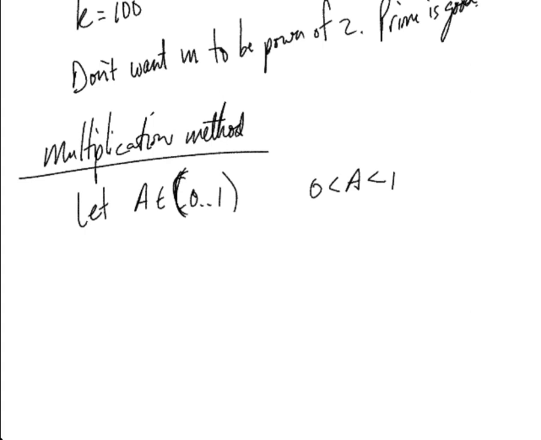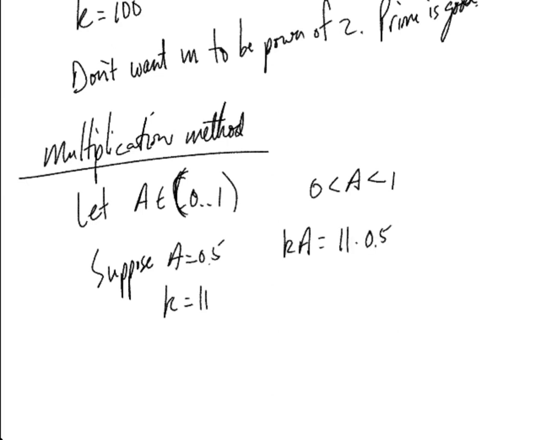Now, I won't give you the hash function yet, but suppose a is 1/2, and the key is 11 that we're going to hash. Let's look at ka. k times a is 11 times 0.5, which is equal to 5.5.